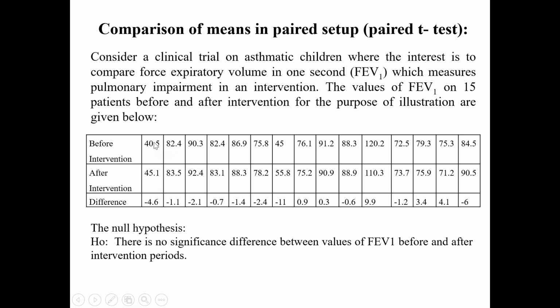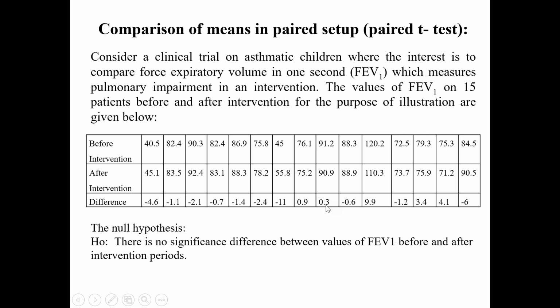So you get the before and after for each individual, and you see how much the difference is. The sign of the difference is important here, either negative or positive. The first value is negative, and likewise this value 0.9 is positive, and the next one 0.3 is also positive.